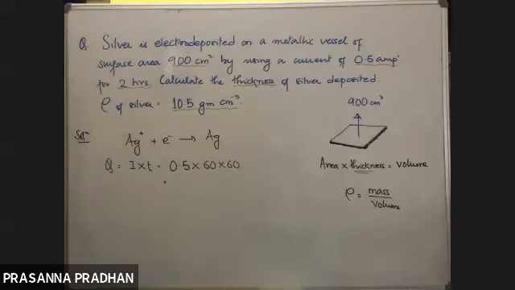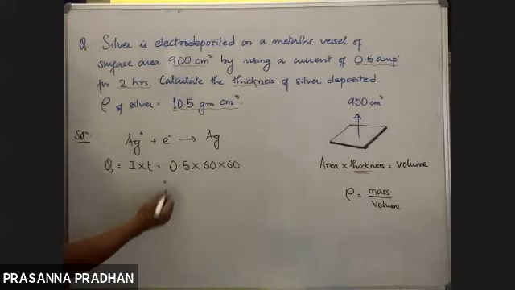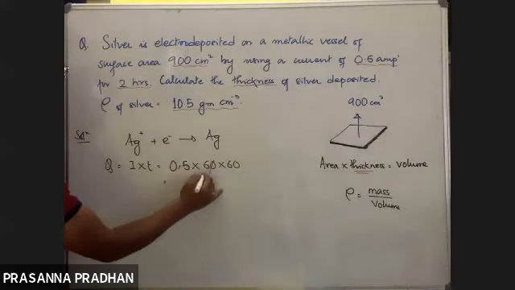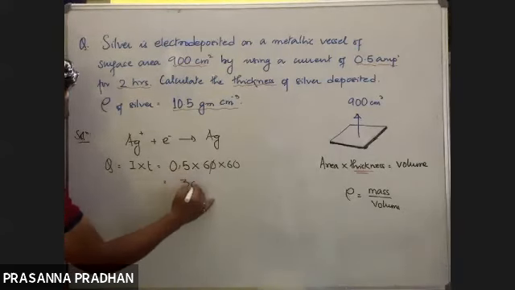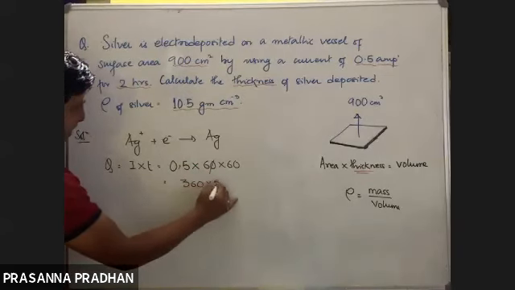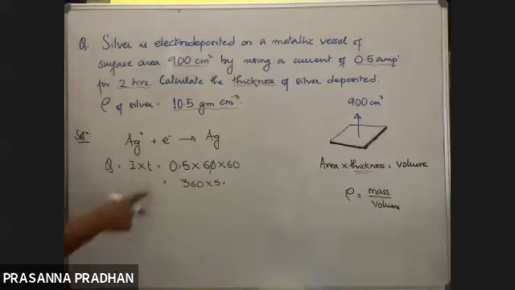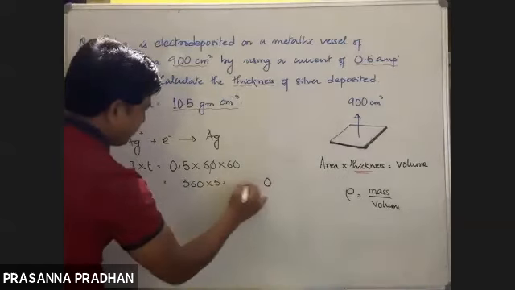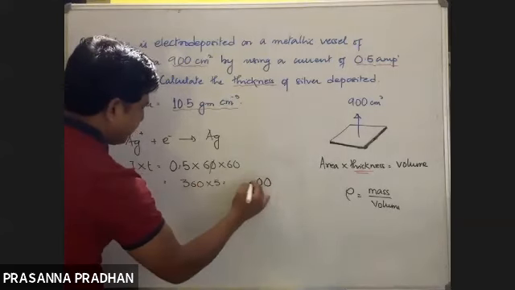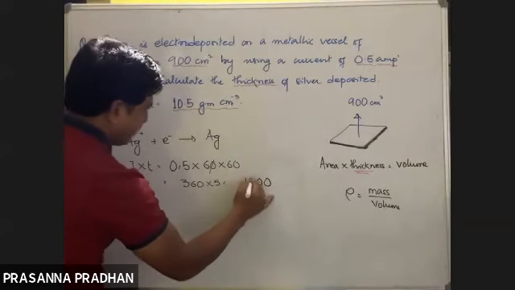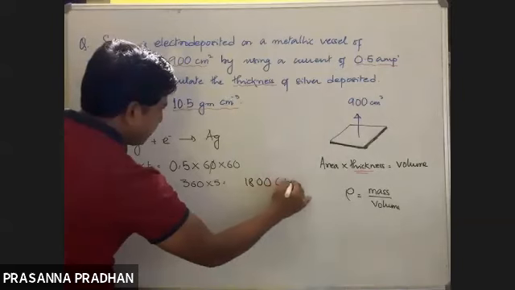Fine. So what is the value? If I remove this decimal, this will get cancelled. 360 multiplied by 5. How much will this be? 5 zeros are 0, 5 sixes are 30, 0, 3 left over, 5 threes are 15. 1800 coulomb.